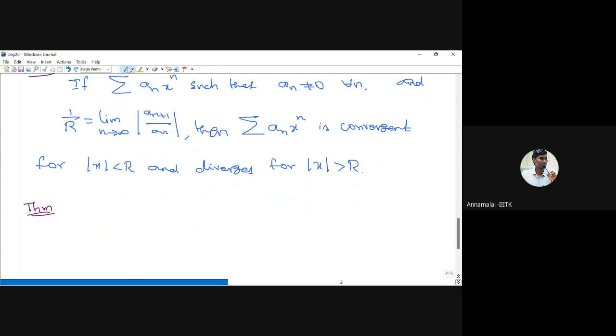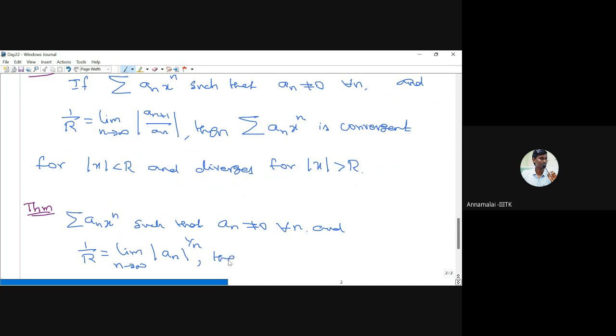Again, we have a series summation an x power n such that all the ans are non-zero for all n, and we define 1 by r equal to limit n goes to infinity modulus of an power 1 by n.